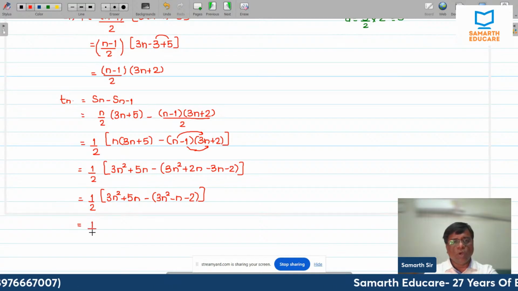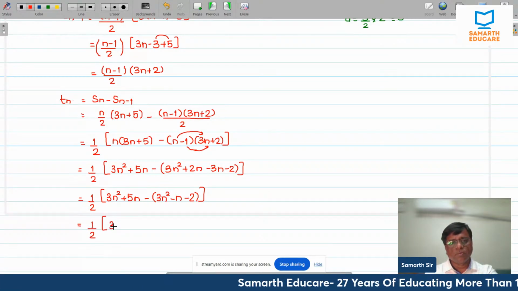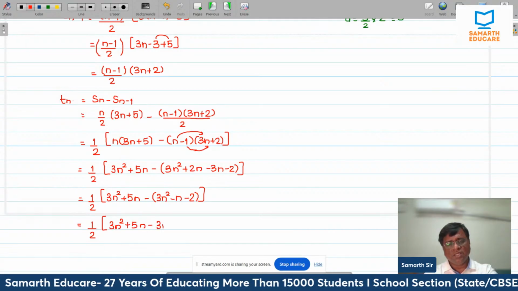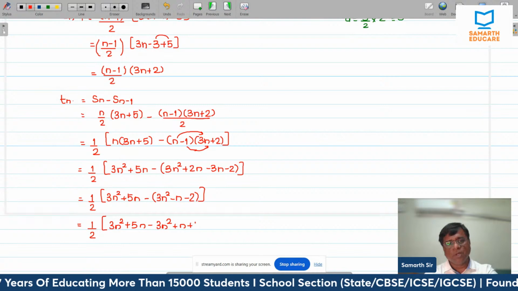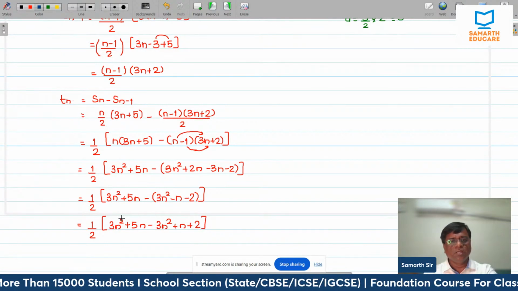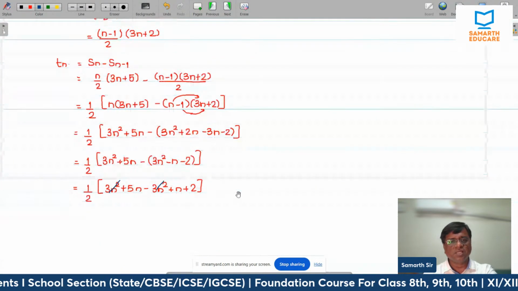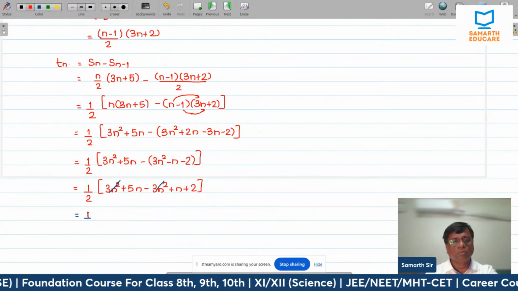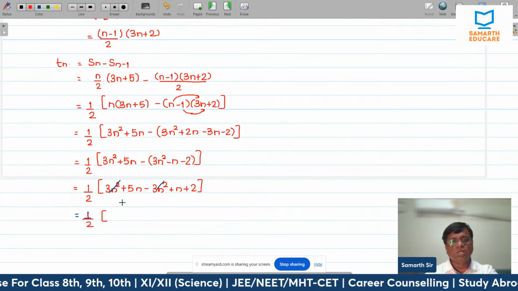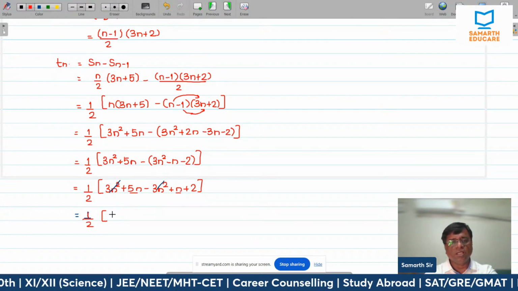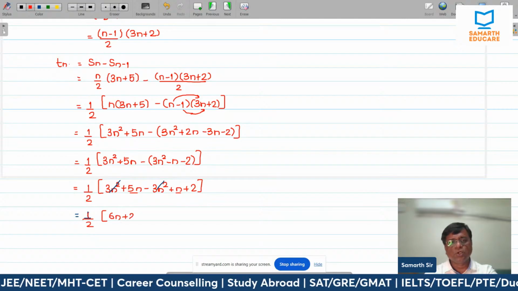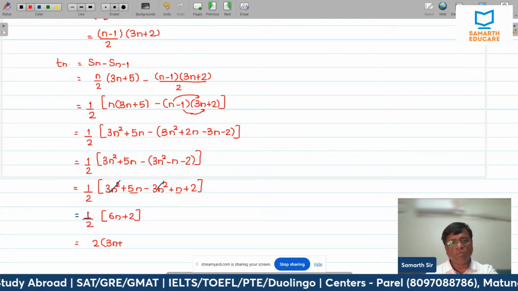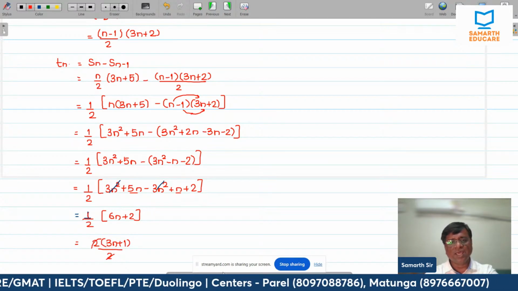Now 1 upon 2. 3n square plus 5n minus 3n square plus n plus 2. What is left? 3n square and minus 3n square get cancelled. Now it is 1 upon 2, and 5n plus n is 6n plus 2. If I take 2 common, it is 3n plus 1, and the 1 upon 2 gets cancelled.